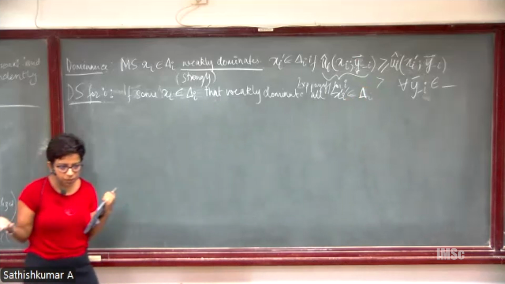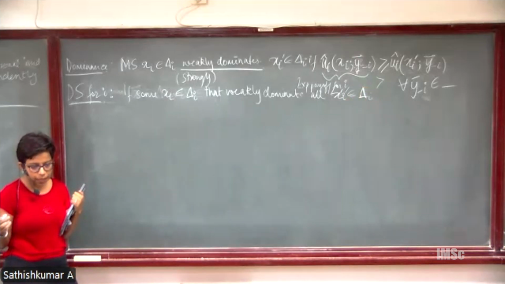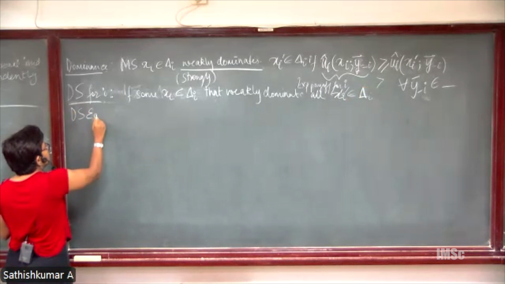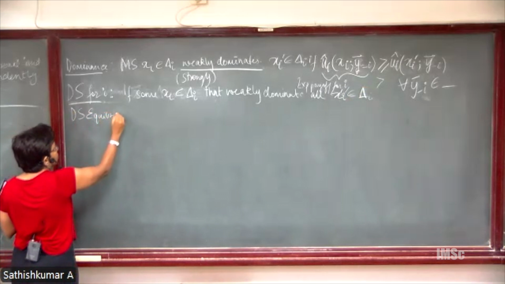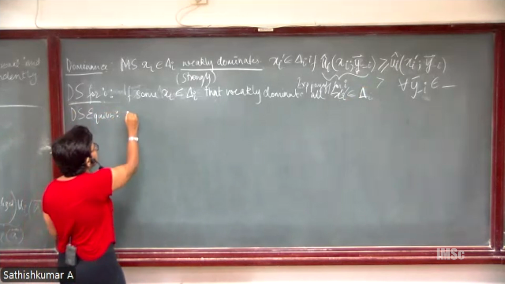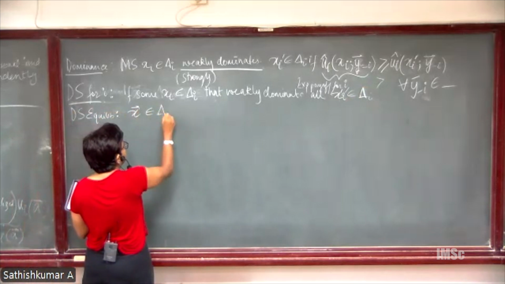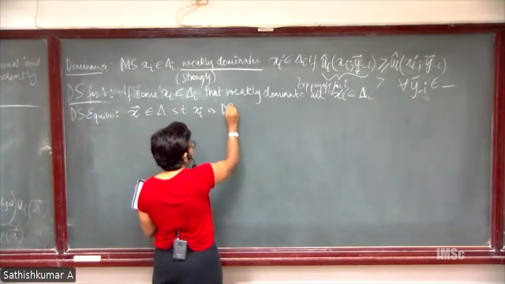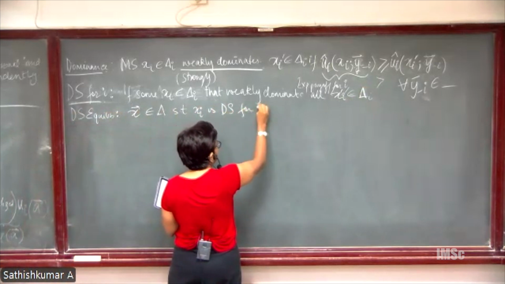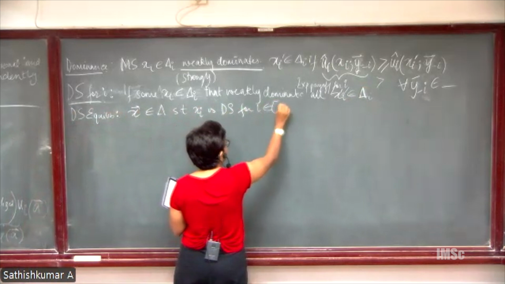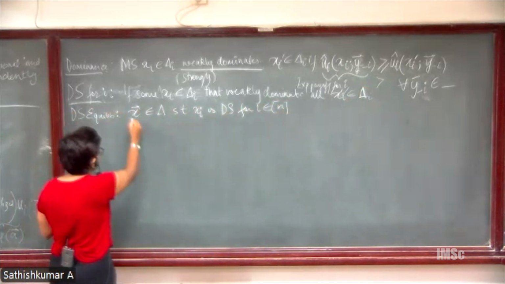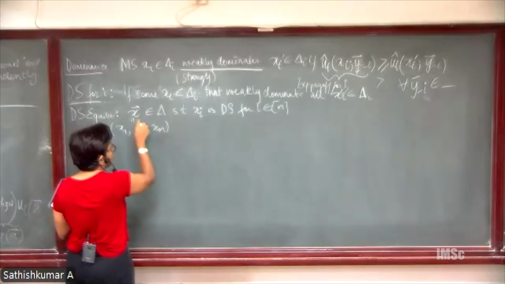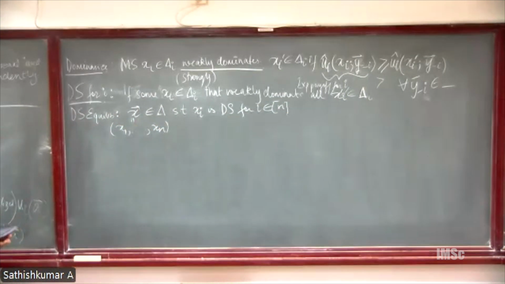Weakly, because you can have multiple dominant strategies also. So a dominant strategy equilibrium is basically a vector such that each component is a dominant strategy for player i. When I write this, it means I'm talking about this vector.